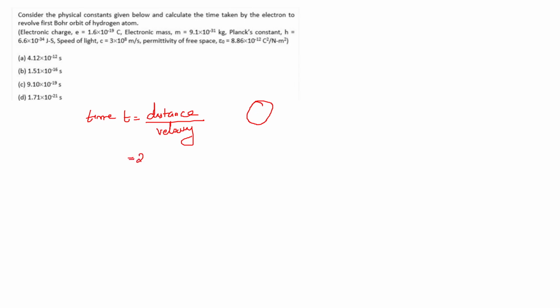So that will be 2 pi r, divided by the velocity. And the velocity we can get from the Bohr quantization condition, already we know that, so that will be mvr is equal to nh by 2 pi.